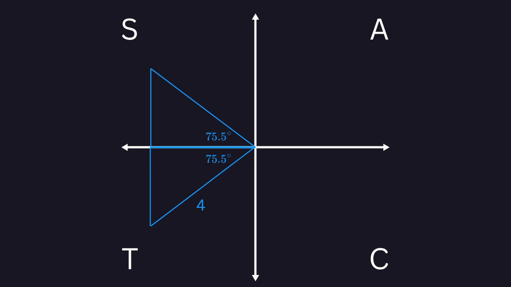From here, we can conclude that our first angle must be 180 minus theta, which gives us 104.5 degrees. And our second angle must be 180 plus theta, which gives us 255.5 degrees.